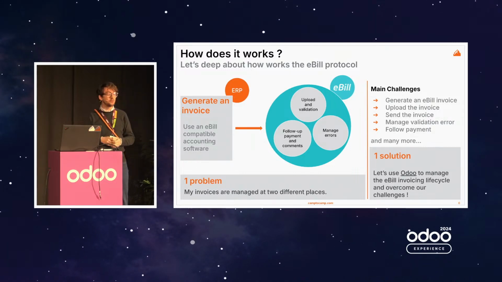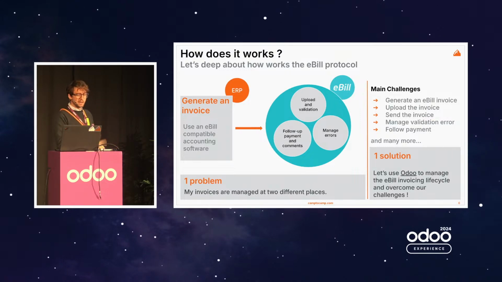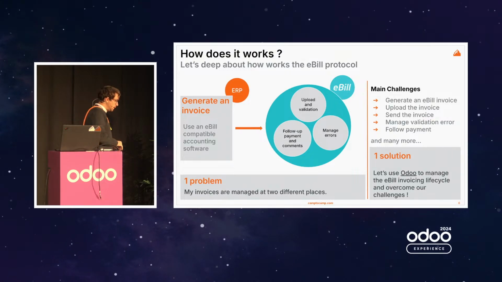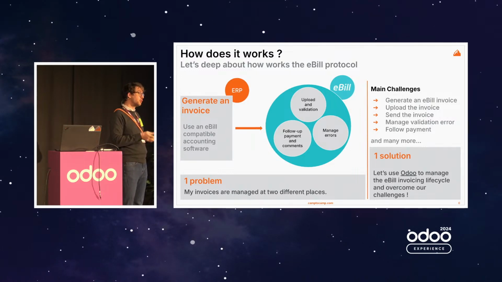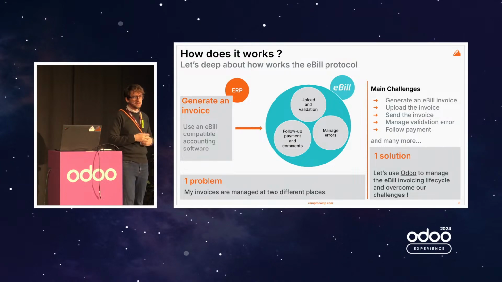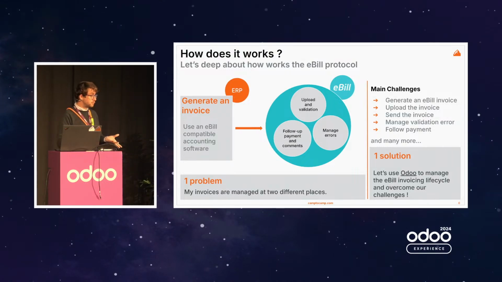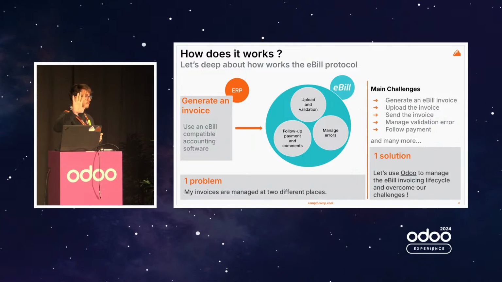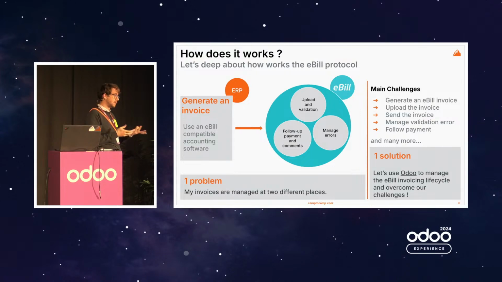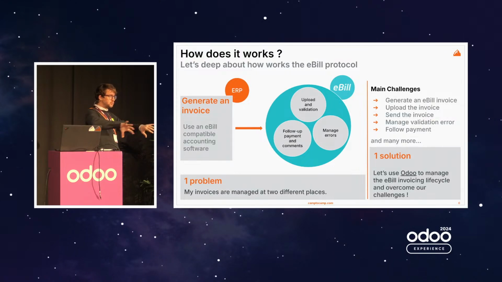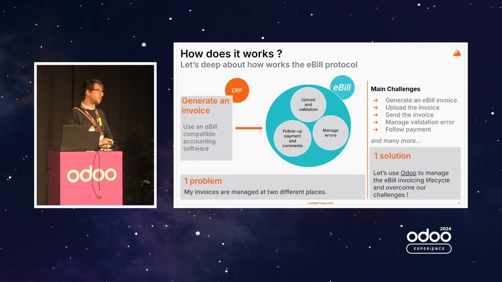In that case, I need to sign in on the eBill platform, upload my PDF or my XML, and complete the information. And if my customer pays, or if I pay some vendor, I need to follow up on the payment and maybe some comments directly on the eBill platform. You don't necessarily have a connection between the eBill platform and your ERP. So I think you understand the first problem: your invoices are managed in 2 different places, payment on the right, the eBill part, and generation on the left.